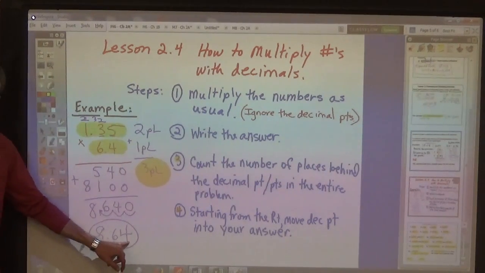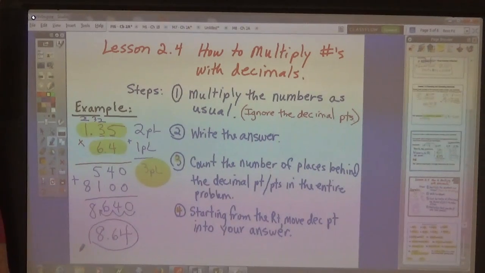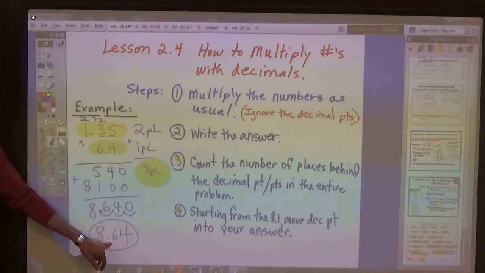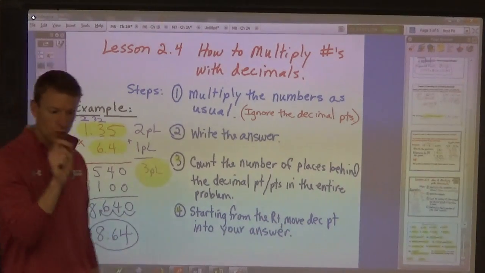Now, what does that number mean? 8 and 64 hundredths. Raiden? What is the 8? Whole number? Yeah, that's the whole number. So 8 wholes and 64 hundredths. 64 little tiny squares.